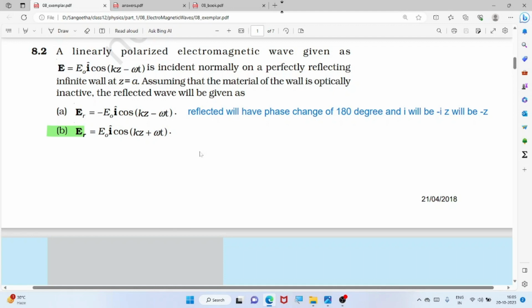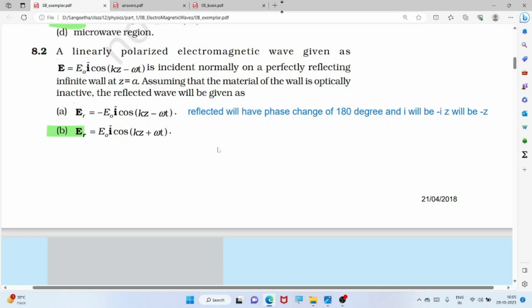The reflected EM wave will have a phase change of 180 degrees. So they want to make the phase change, then Z will be minus Z. The sign change will be there. Based on that, this is the correct answer.